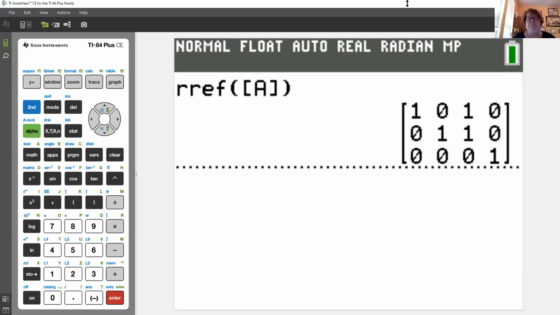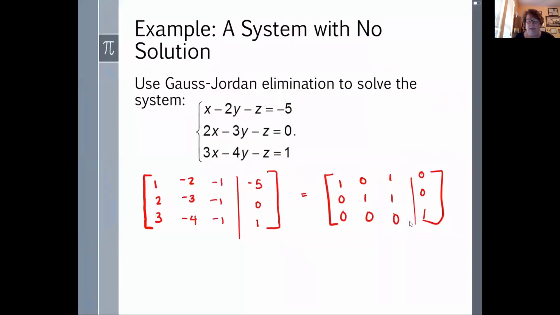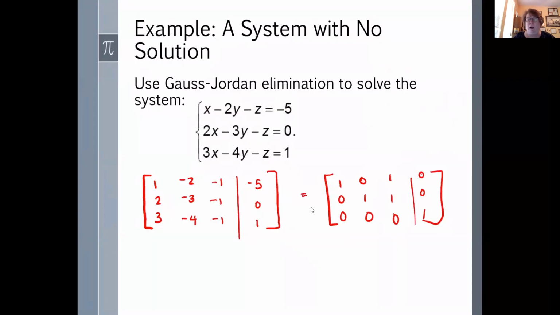Let me share. All right, so here is the matrix that we got from our calculator. And the third row of that matrix says 0 equals 1.